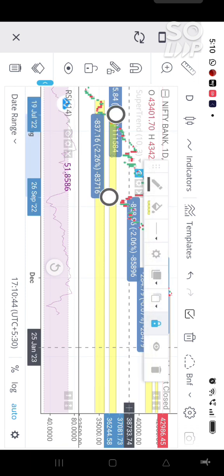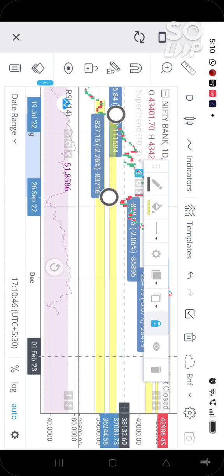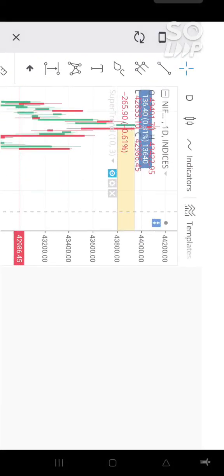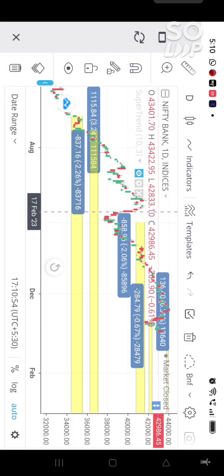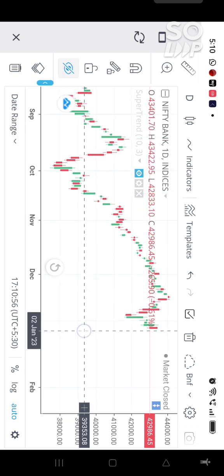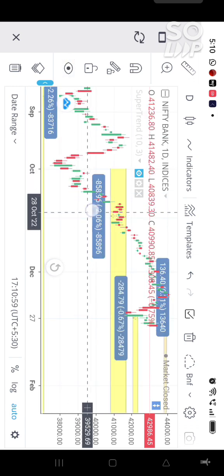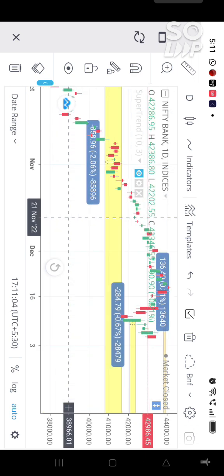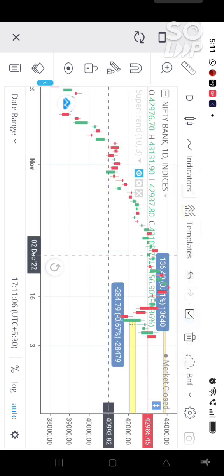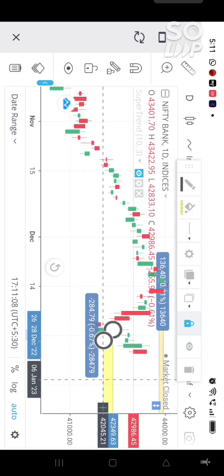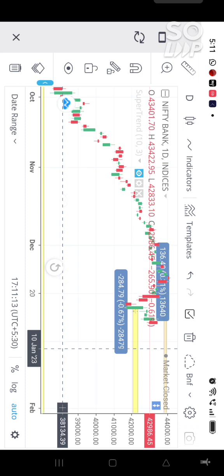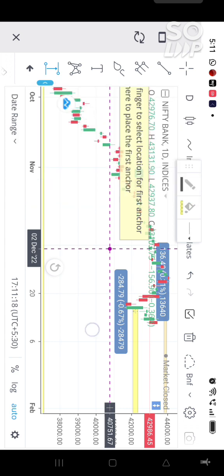As per the zones considered, let's remove this weekly zone for now. Let me just mark the daily zone.